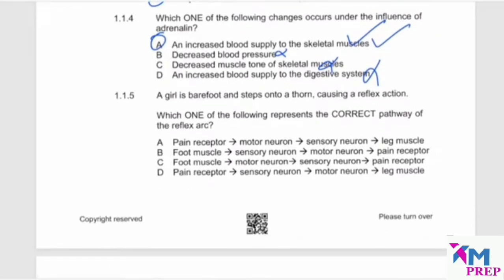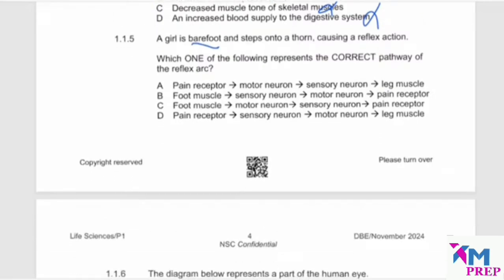A girl is barefoot and steps onto a thorn, causing the reflex action. Which one of the following is the path traveled by the impulse during the reflex action? We have been talking about this every day. So they're talking about the reflex arc. Pain receptor is correct.